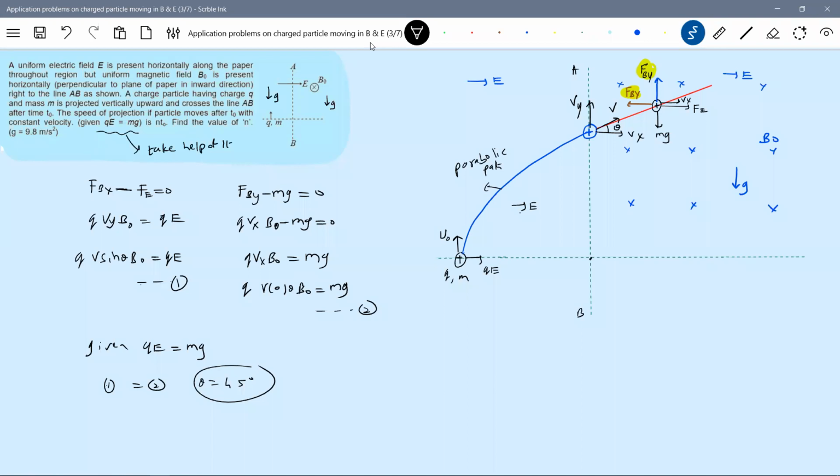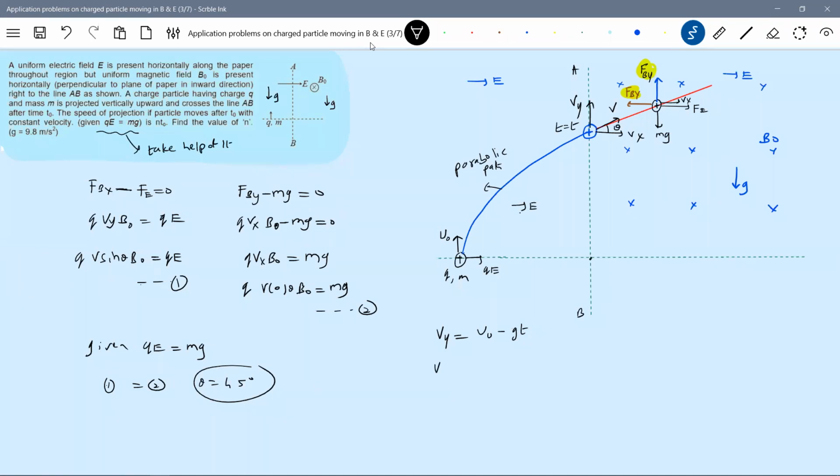So one thing we came to know: Vy equal to Vx. Let's get into the next part of the discussion. Vy is equal to u naught minus g t, where t is the time taken to reach here. What is Vy equal to?